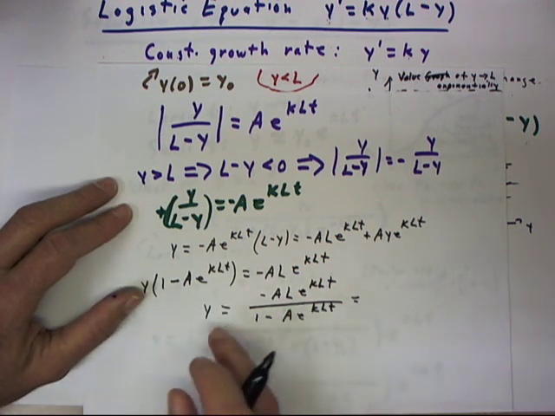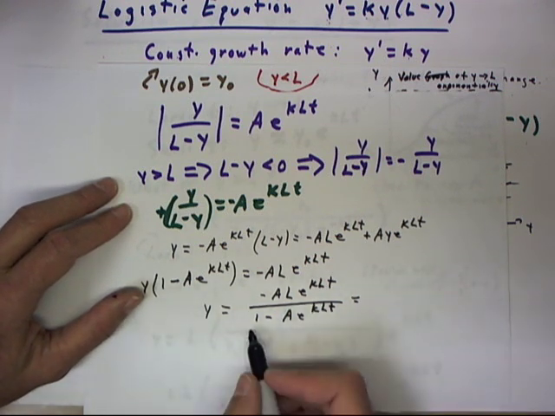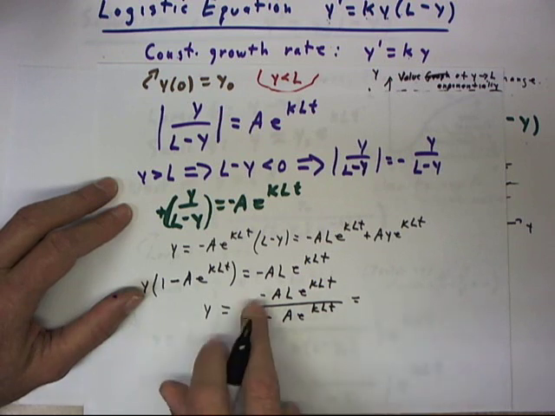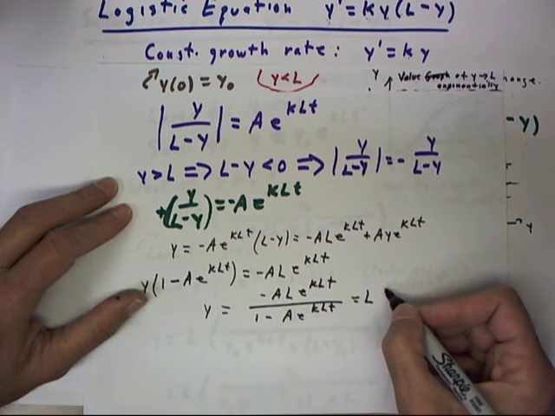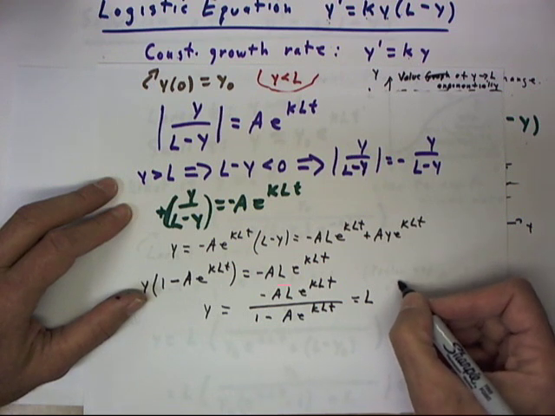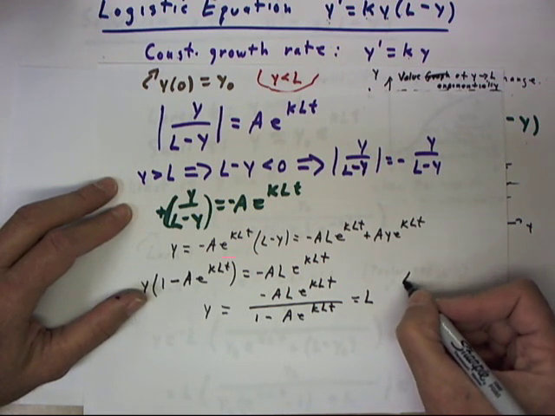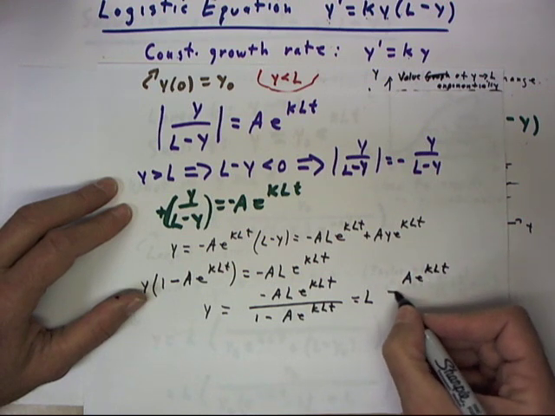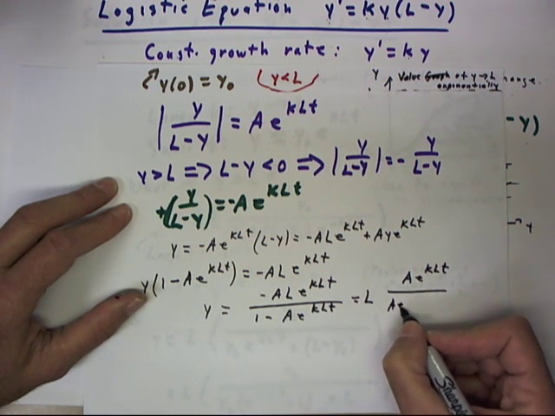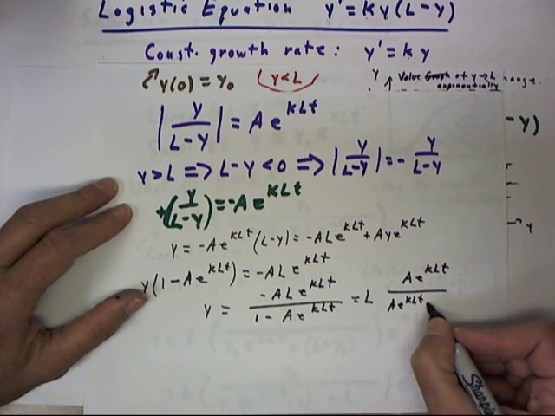If we factor out an L and reverse the signs in the denominator to compensate for the negative sign here, we end up with L multiplied by A e to the KLt over A e to the KLt minus 1.